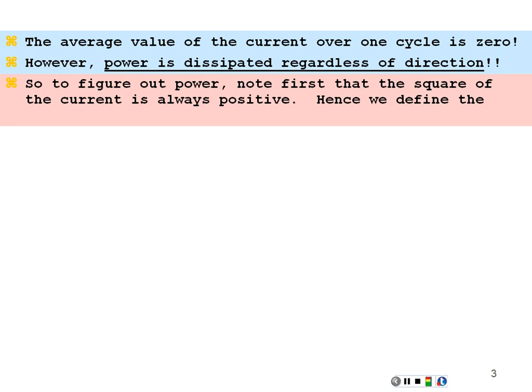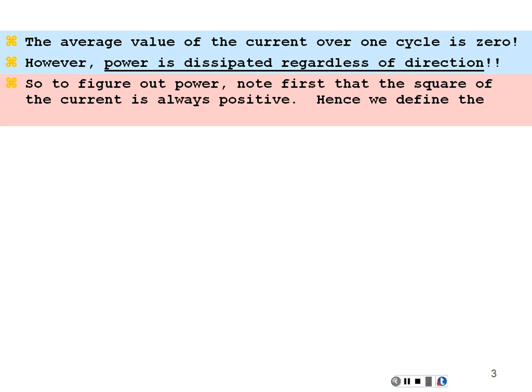Where it was positive and we square that, that's still going to be positive. Where it went negative and we square that, that's going to now be a positive quantity. So we square everything in the current, and we're going to take the average value of that. So we'll square the current, take the average value, and we'll end up with something finite that represents the current, at least the squared current.